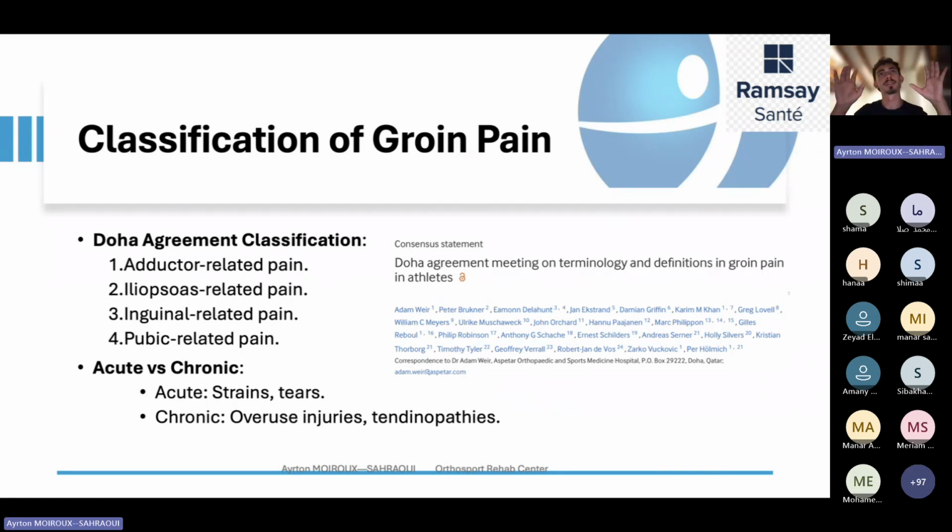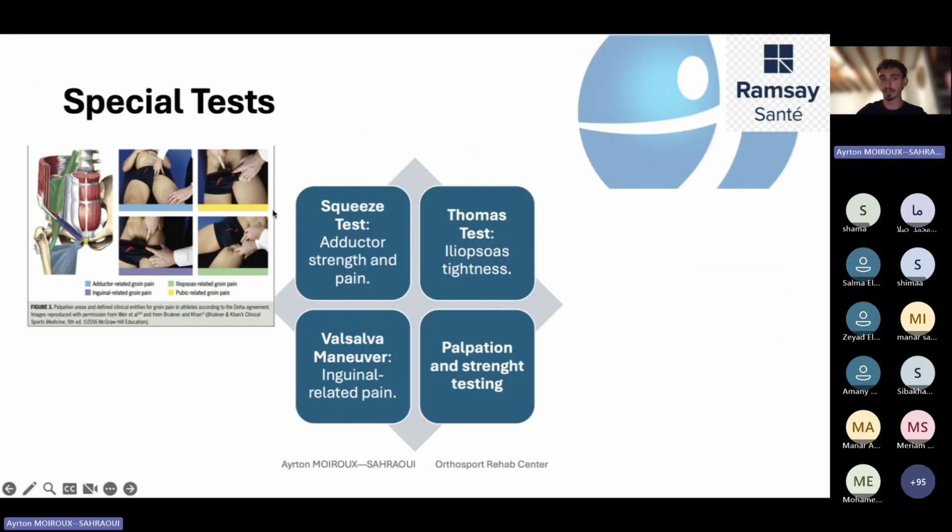But for the most part, if the patients tell you the pain is right here on the adductor, on the iliopsoas, on the inguinal canal, on the pubic, with the special tests that we talked about after, you can discriminate if it's really a pain from the adductor. Okay, the pain is located on the adductor. I'm doing the squeeze test. It's positive. Okay, now I think it's an adductor related pain.